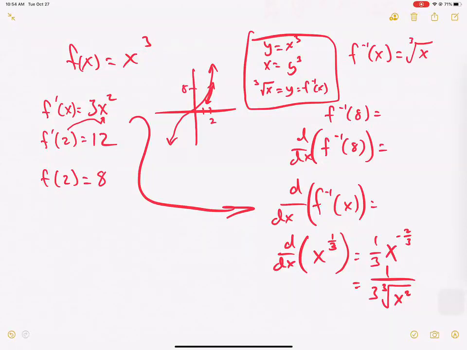To graph this function here, the cube root of x, here's what you do. What's the cube root of 0? 0. What's the next easiest cube root that you know? The cube root of what number? 1. Good, is 1, right? What's the next cube root that you know? 2.